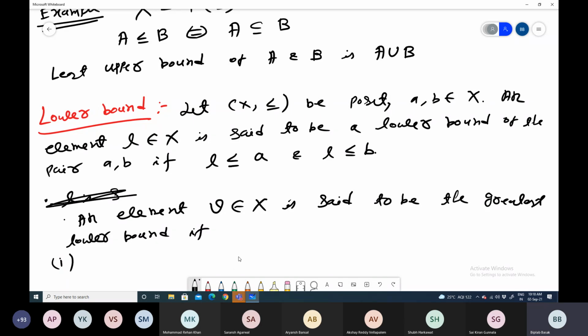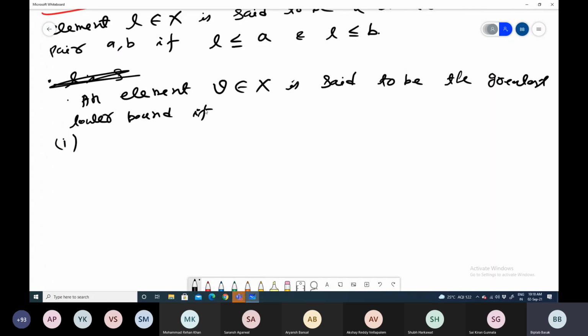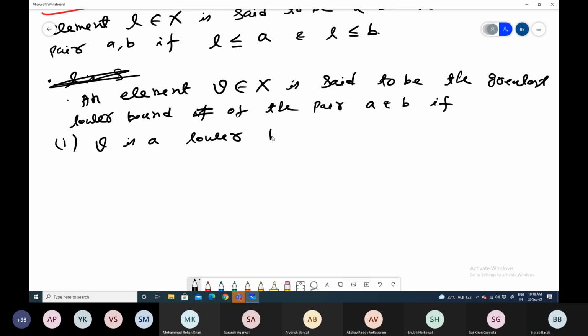So first of all, D is a lower bound of the pair A and B, and the second one is that D is the greatest one.